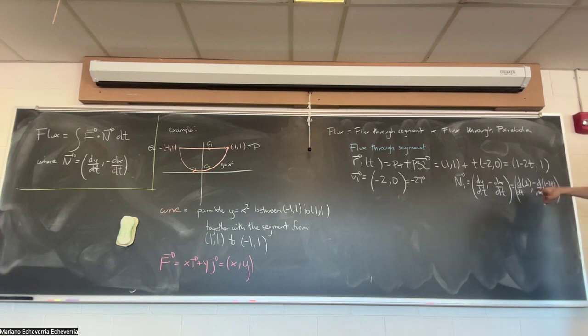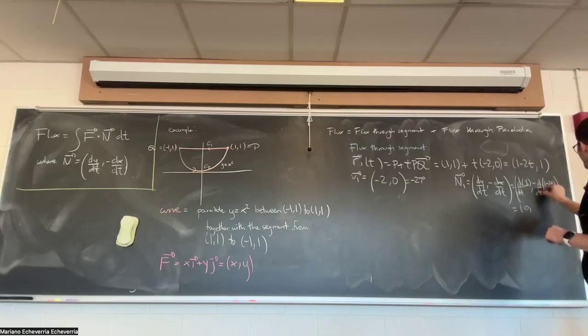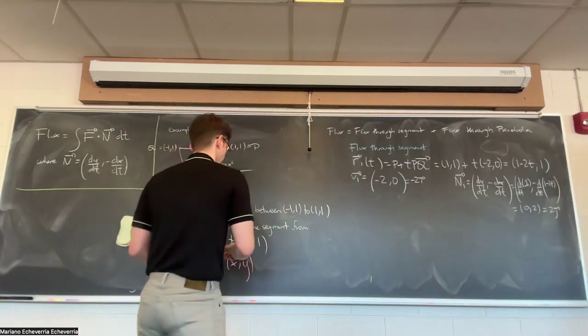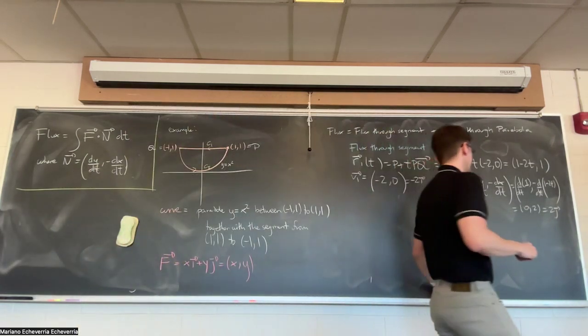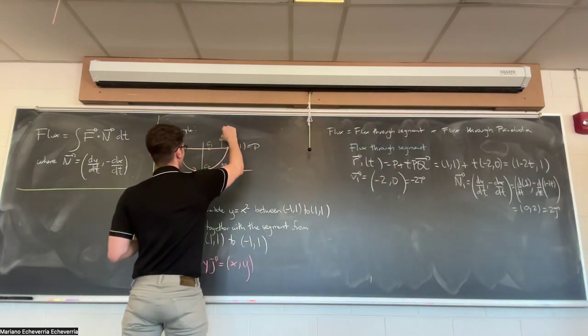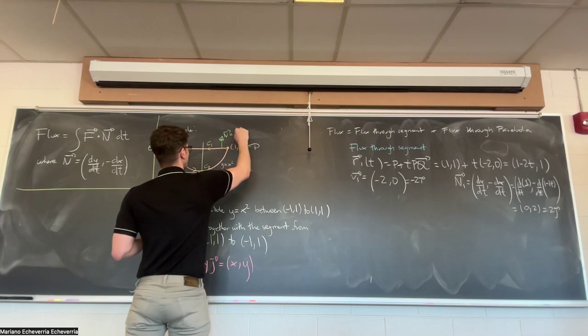So what does that give you? The derivative of 1 is 0, so you get 0, comma. Sorry, this should have been a t. So -2 with a minus gives you 2. So it gives you 2j. It's nice to see this explicitly. The normal vector to the curve is 2j here.